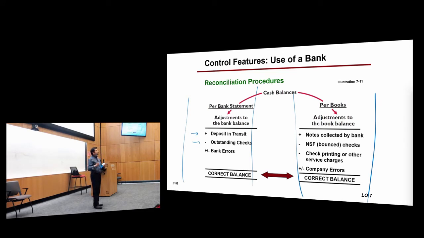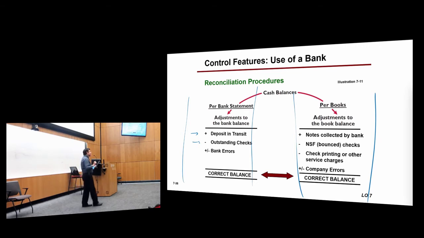On the other hand, now in parallel, you also do the company's books, the balance per book. According to the company's books, you have to add any notes that were collected by the bank. You subtract any bouncing checks, checks that bounce. Remember, those are not the checks that you wrote. Those are the checks that your customers paid you.